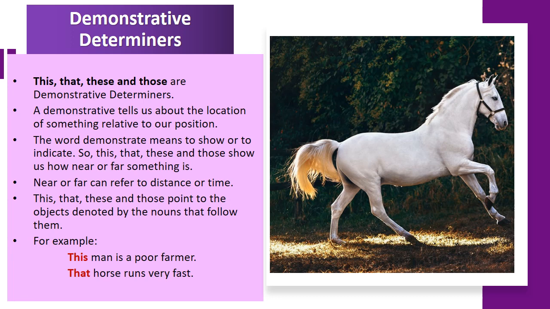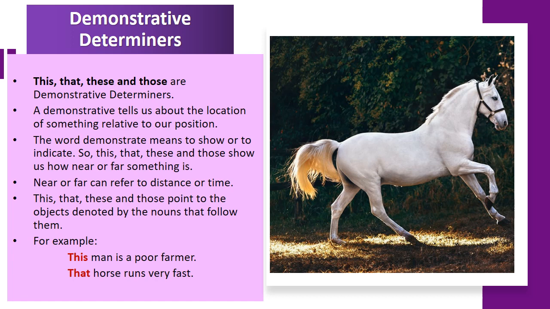Now, what are demonstrative determiners? Students, the words this, that, these and those are demonstrative determiners. A demonstrative tells us about the location of something relative to our position. The word demonstrate means to show or to indicate.